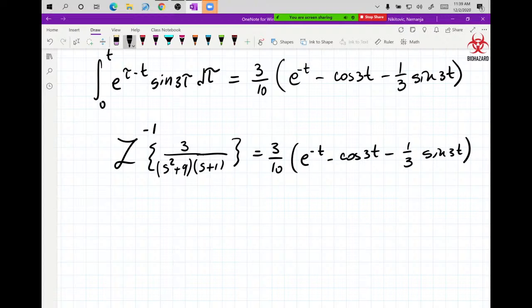And yeah, go ahead and do your partial fraction decomposition, right? Do the partial fraction decomposition, and you have to come up with the same answer.